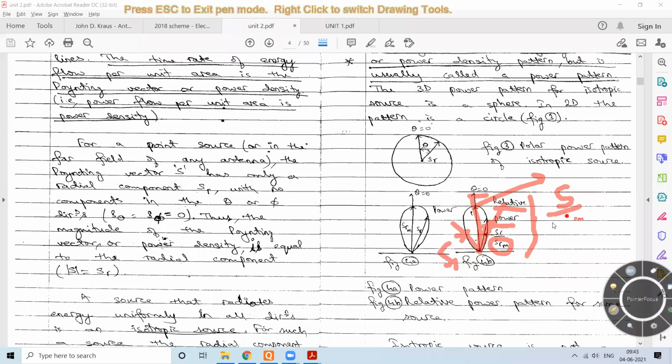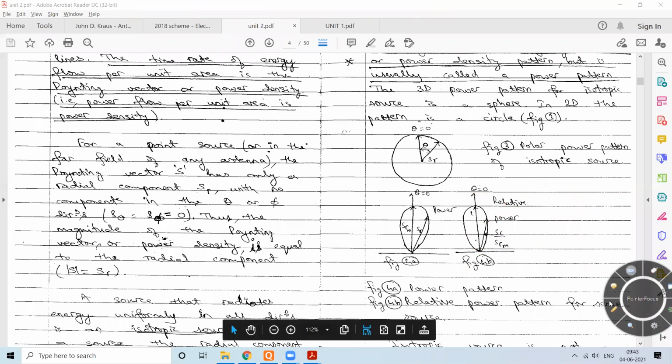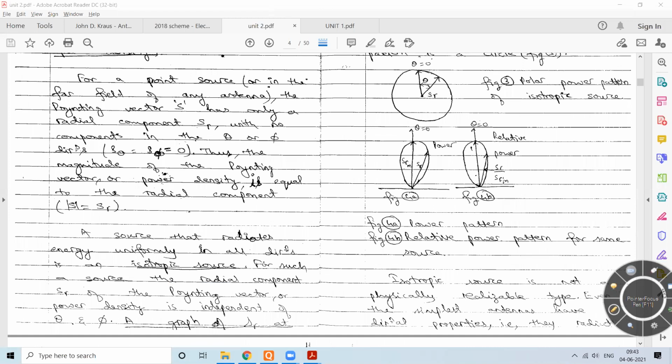So if I take S divided by S1 and plot it, I'll get a relative power pattern. Now, instead of just taking S1, I'll take the maximum possible value of this power density and plot S divided by S1 versus theta and phi. If I plot it with respect to this, then I'll obtain what is called the normalized power pattern.